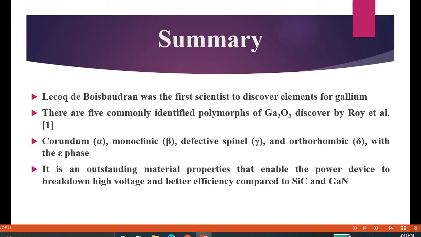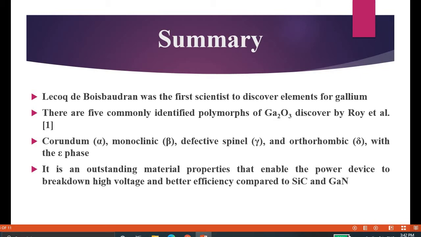As we know, Lecoq de Boisbaudran was the first scientist to discover the element gallium. Gallium oxide belongs to the transparent conducting semiconducting materials, and it has polymorphs such as alpha, beta, gamma, delta, and epsilon.